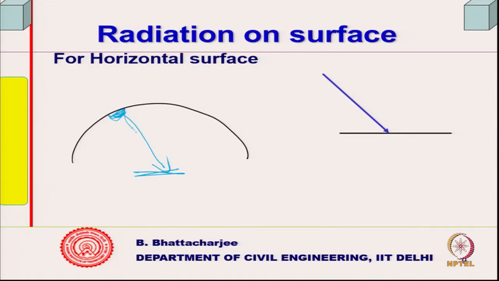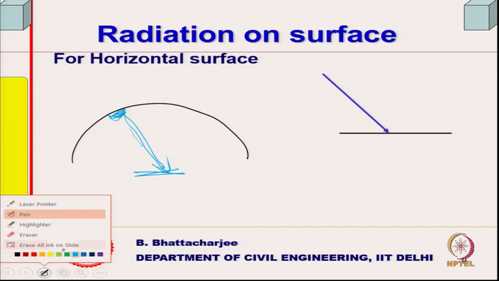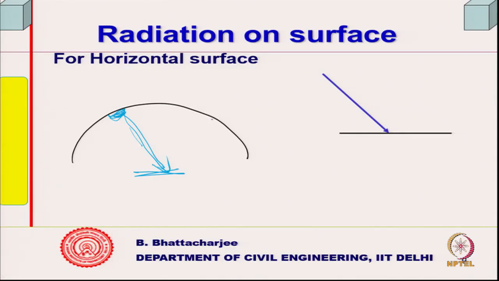I will get beam radiation like this, but radiation will also come from other places, because atmospheric aerosols will absorb and diffuse it in all directions. So, I will get a lot of diffused radiation from all directions. So, I have two types of radiation: beam radiation and diffused radiation.